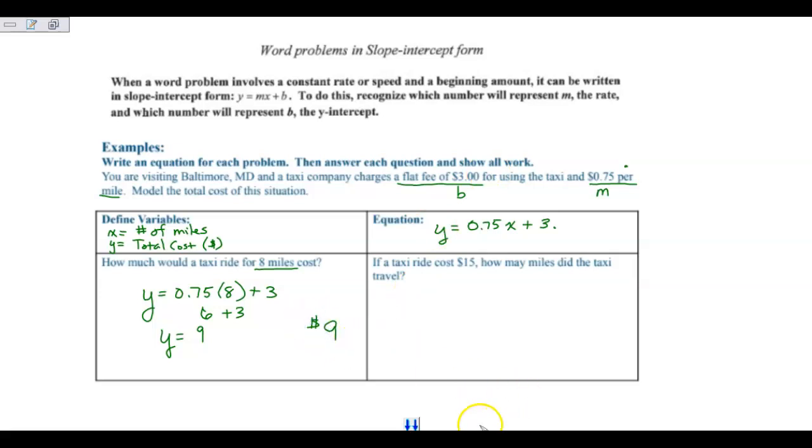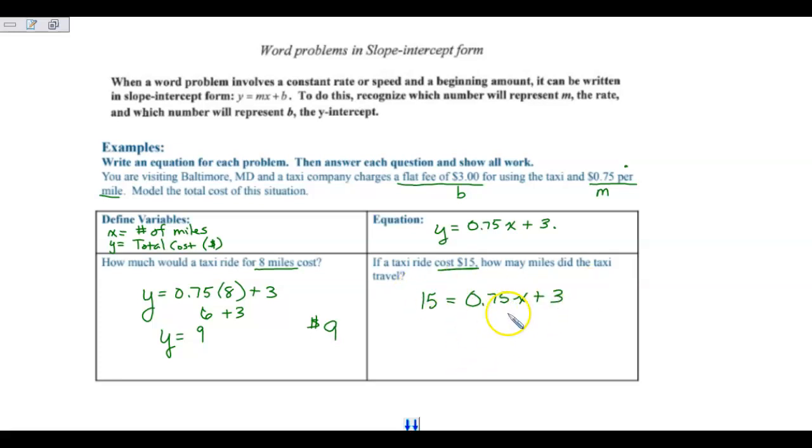If the taxi ride cost $15, how many miles did the taxi travel? Well, in this case, we're looking for if the cost was 15, what is the number of miles? So 15 would stand in place of the x or the y. If you said y, you're correct. So it's going to be $15 equals 75 hundredths x plus 3.